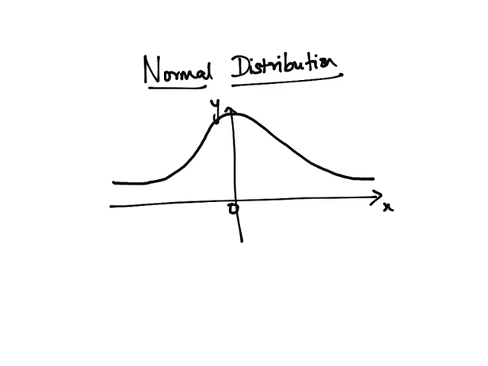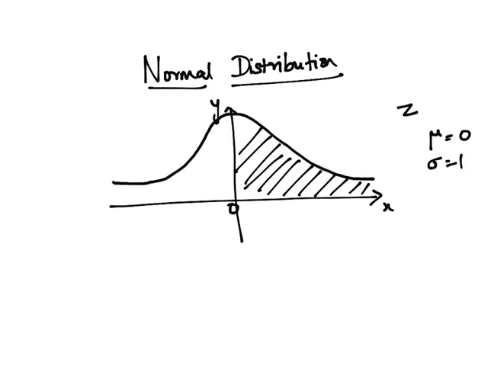This is the curve of z, which has mu, the mean, 0 and standard deviation 1. Now we know that this area is 0.5 and this area is also 0.5, isn't it?